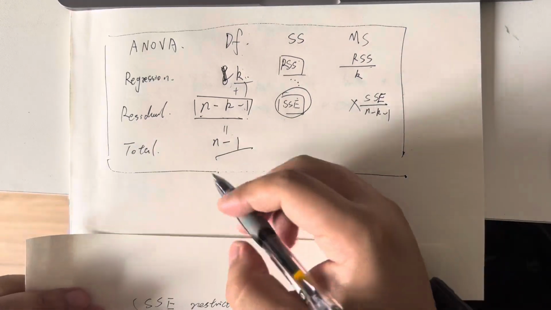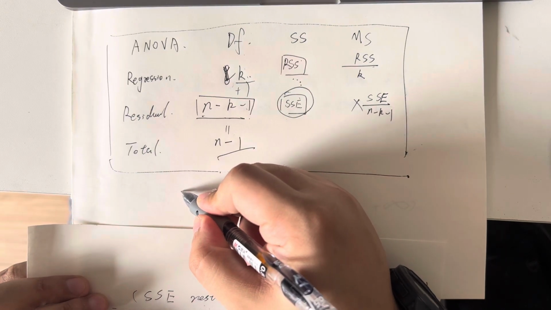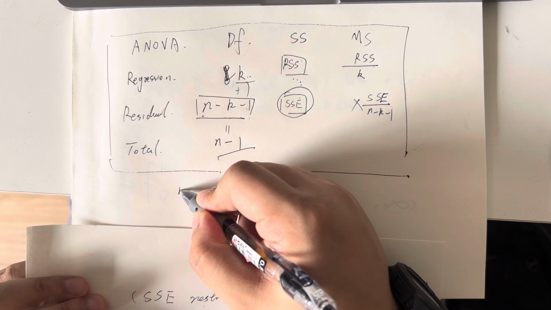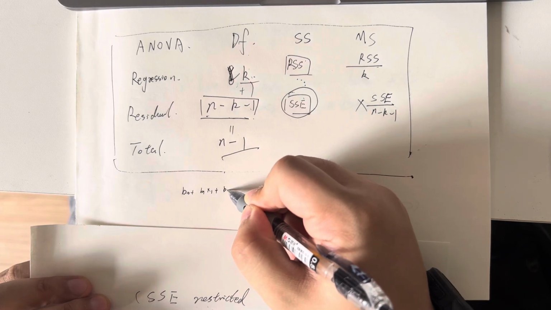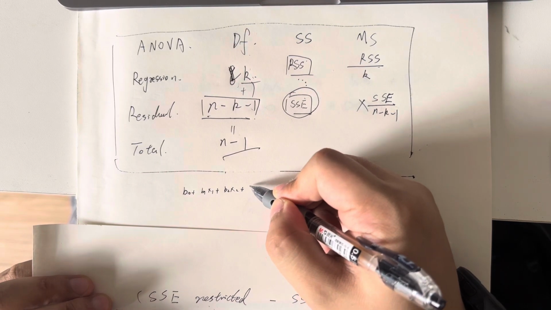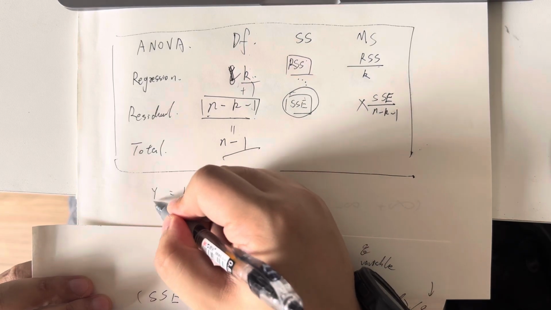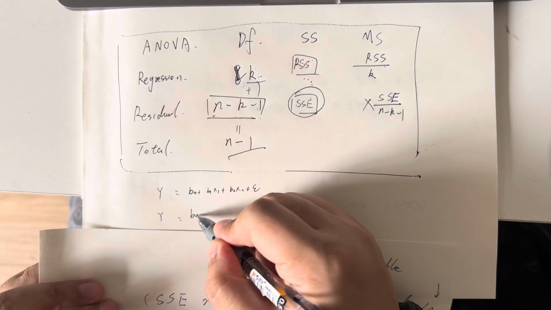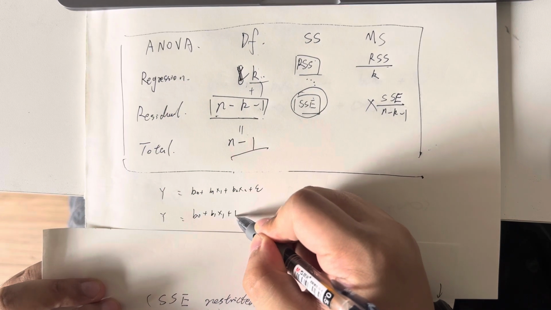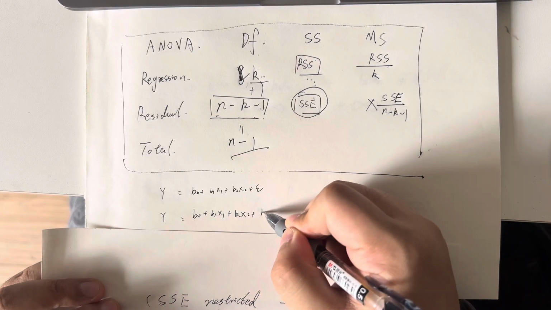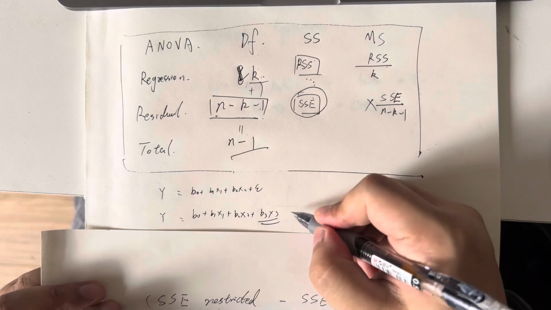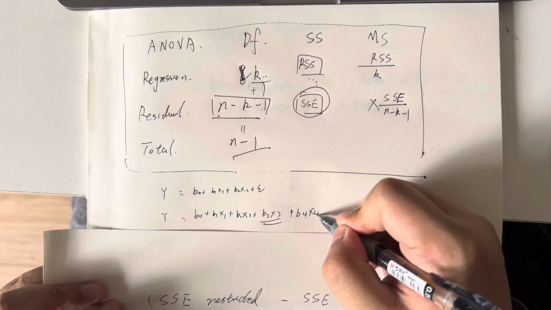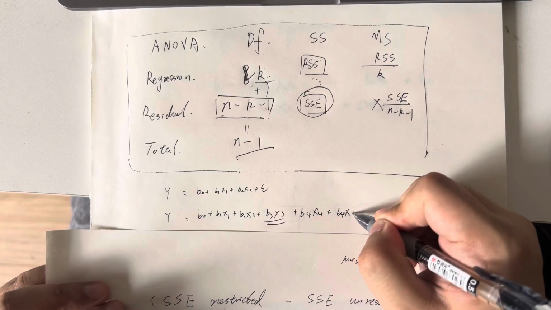Remember, we have model 1, which is b0 plus b1 x1 plus b2 x2 plus epsilon. Then we have model 2, which is b0 plus b1 x1 plus b2 x2 plus b3 x3, with more variables, plus b4 x4 plus b5 x5, and the epsilon.